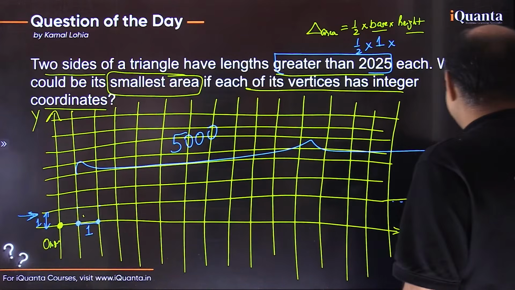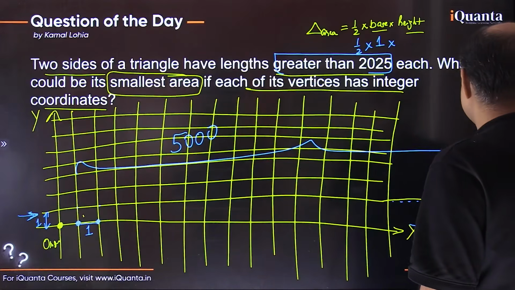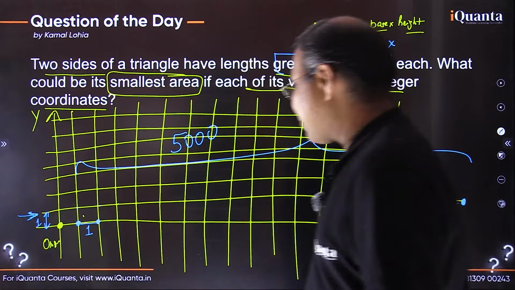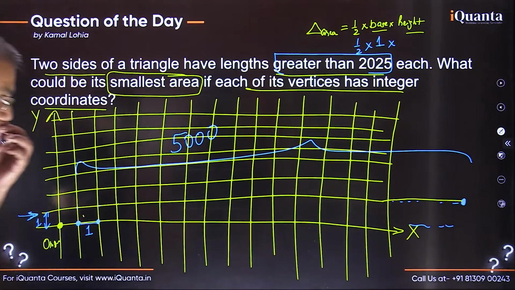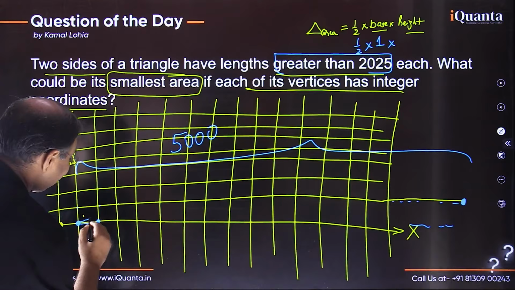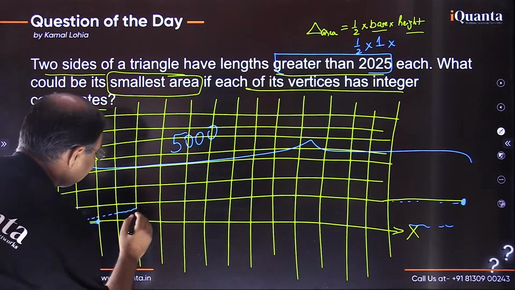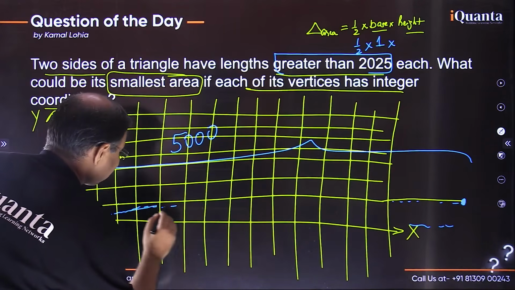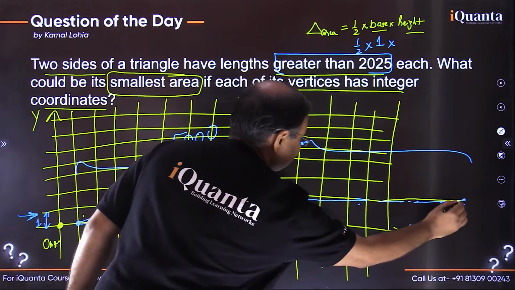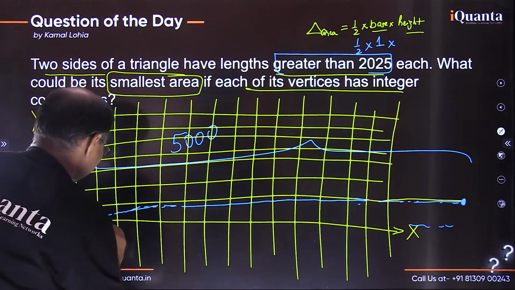Now, what will be the situation if I take this point as the third vertex? Now it will be difficult to draw, I know that, but you can understand, you are all sharp students here. If I join that, of course it will be difficult to draw, but you can understand what is happening.